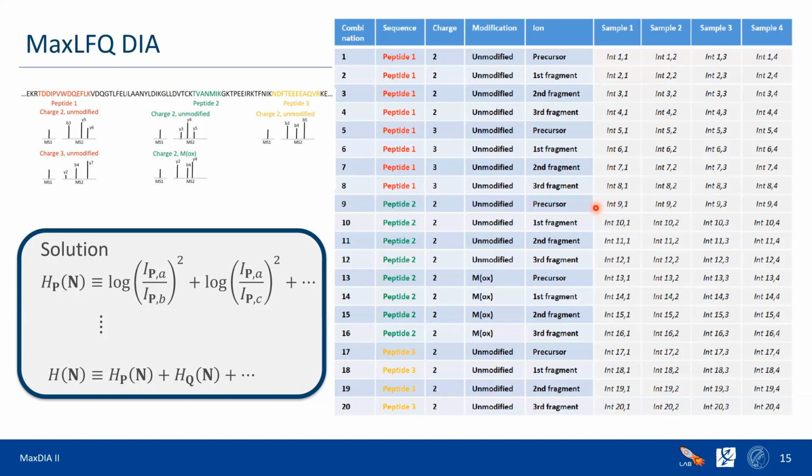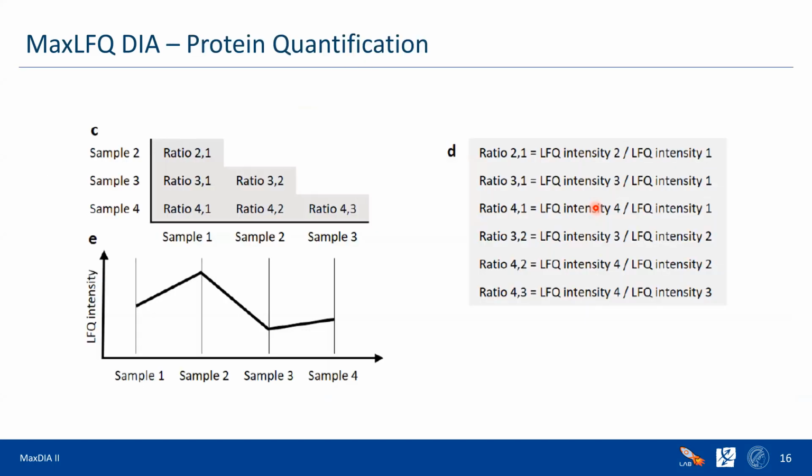So what are we going to do next? As you see, for normalization we can use fragment intensities. But for the second step, protein quantification, we're actually doing totally the same as it was for MaxLFQ-DIA. We now focus on the peptide intensities, but this peptide intensity is going to be normalized thanks to the previous normalization procedure.